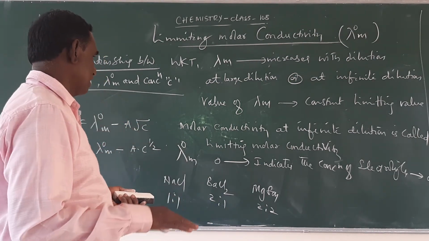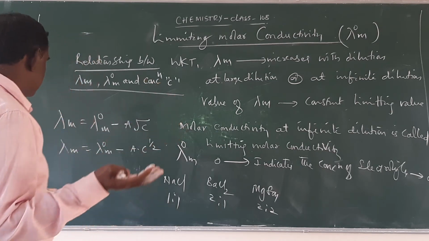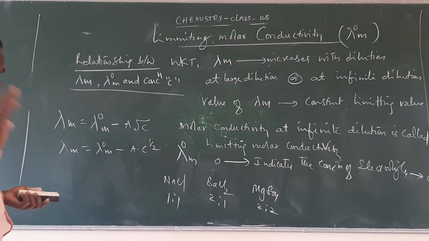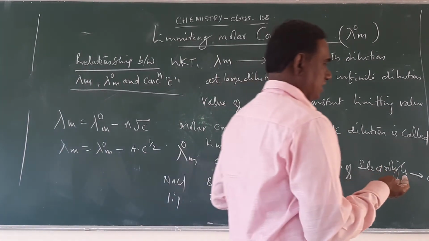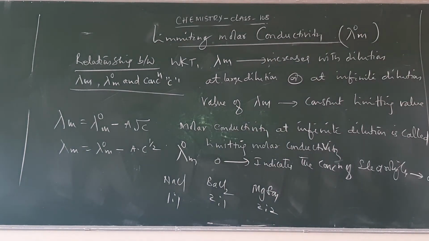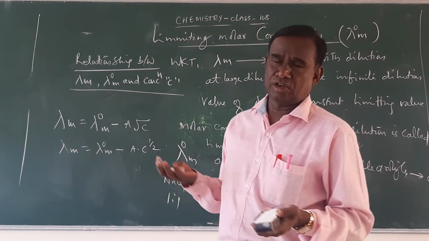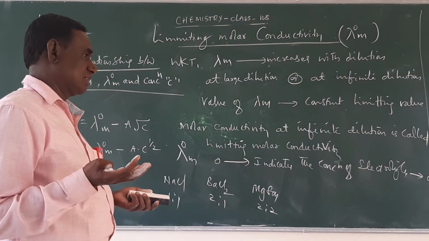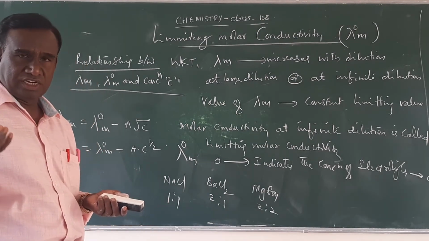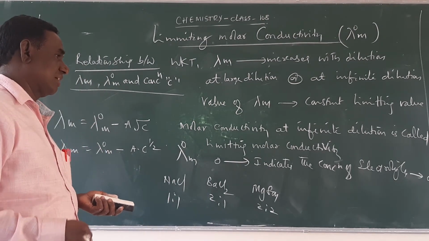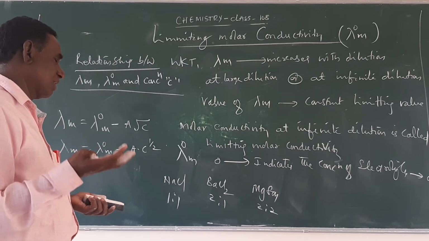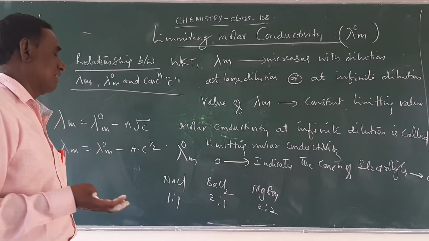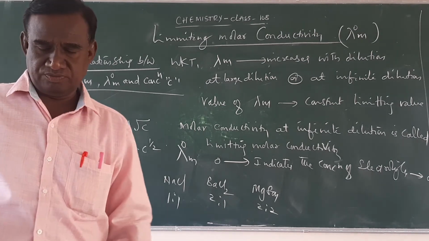The relationship is lambda m is equal to lambda naught m minus A into root C, where A is a constant for a given solvent and depends on the type of electrolyte, whether the charges on the cation and anion are 1:1 or 2:1 type, like that. We will continue next time.